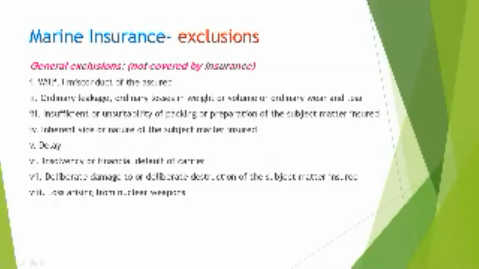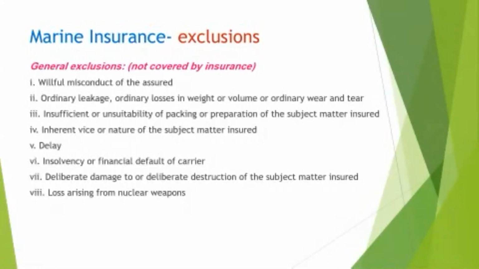Ordinary leakage, ordinary loss, it's not a part of the insurance. Or insufficient packaging, if you don't have proper packaging, it's not a part of the insurance. If, for example, you receive the cargo and you notice there is a problem and many items are damaged, and an insurance company comes and observes the situation and recognizes it was due to bad packing or not using proper cases, so this is out of question, it is not covered by insurance.